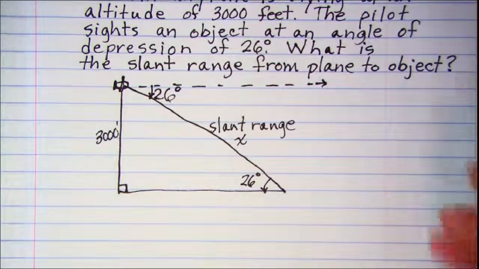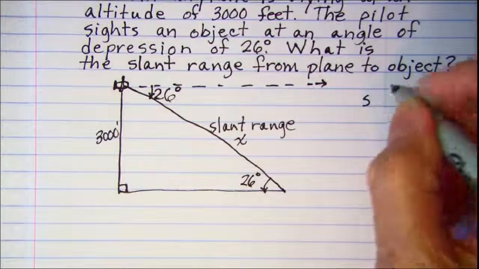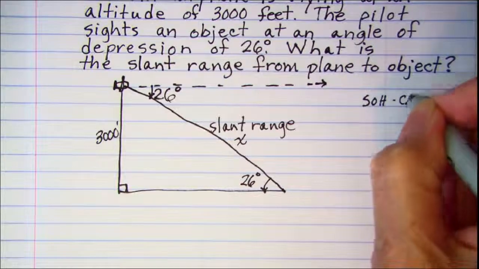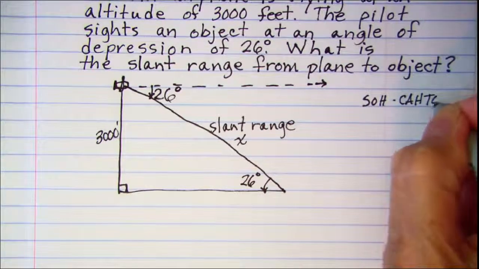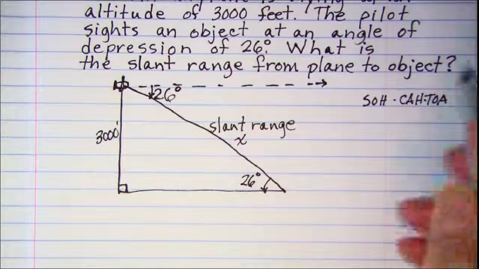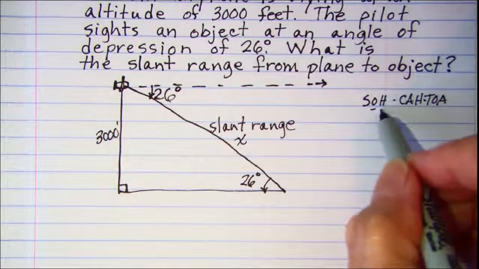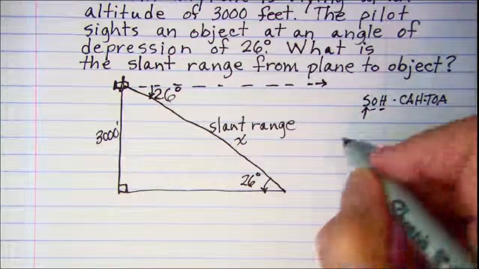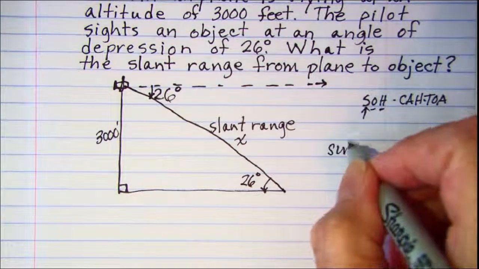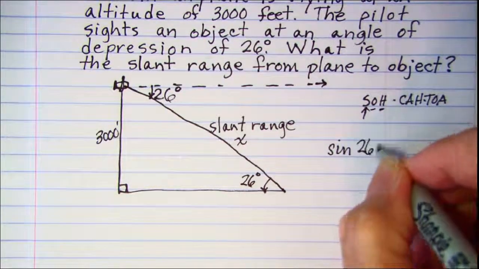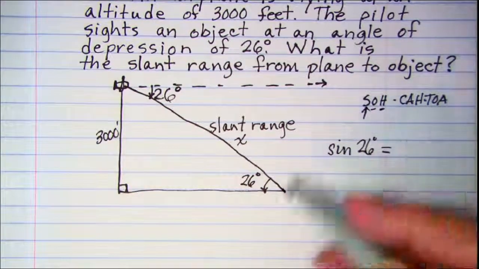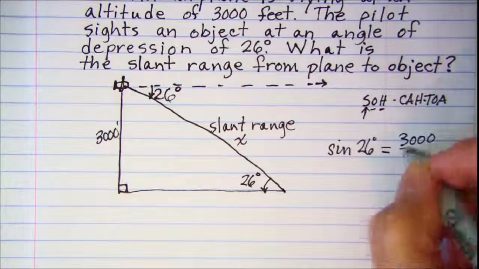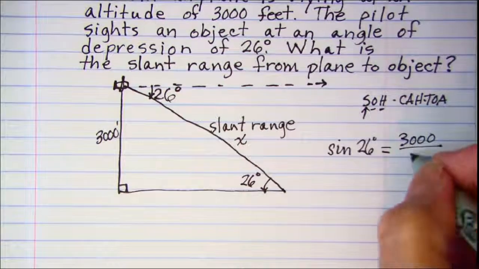So for the trig function that requires opposite and hypotenuse, SOHCAHTOA, opposite and hypotenuse means I need to use the sine. So I'll have the sine of 26 degrees is equal to opposite 3,000 over hypotenuse, which is X.